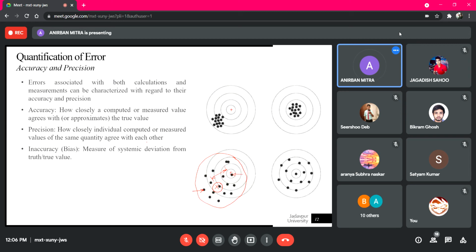So this one would be inaccurate. It would be biased towards the left-hand side. Similarly, imprecision, also known as uncertainty, refers to the magnitude of the scatter. It measures scatter of individual computations or measurements of the same true value.